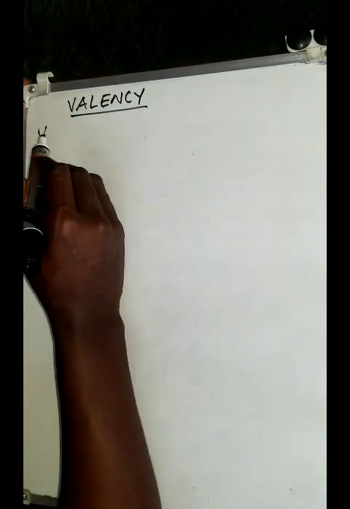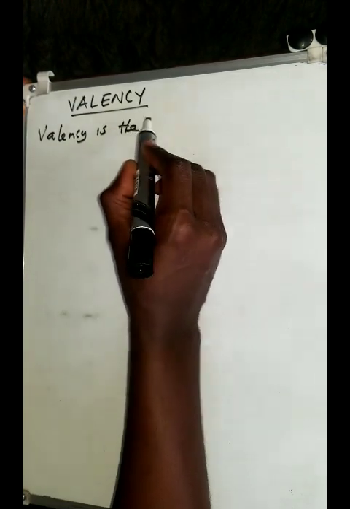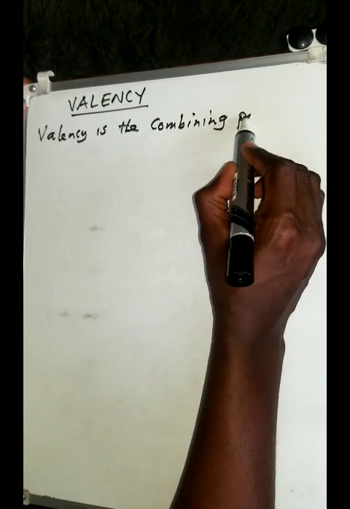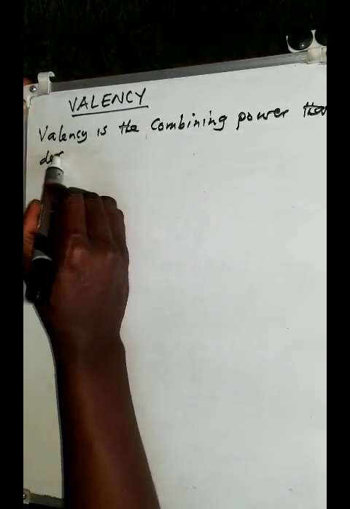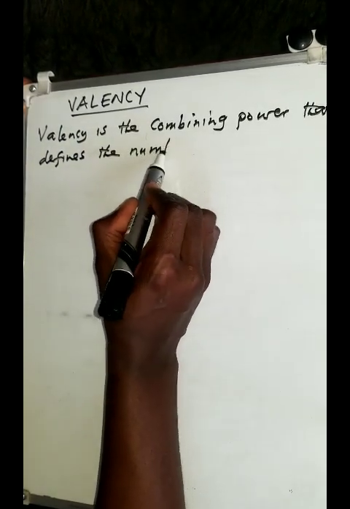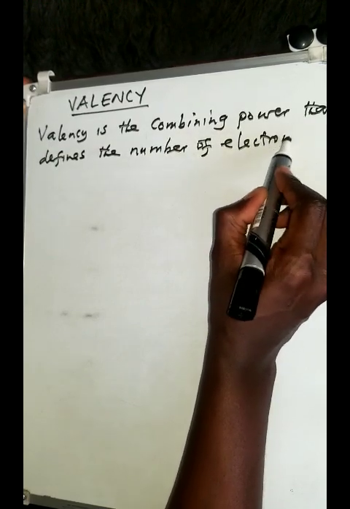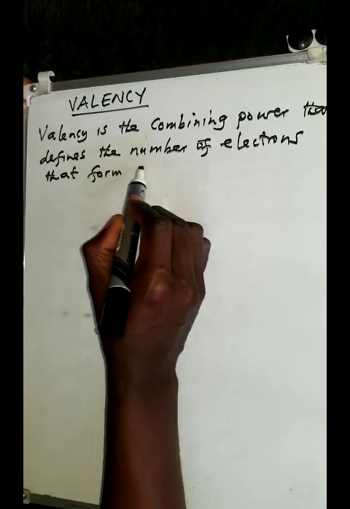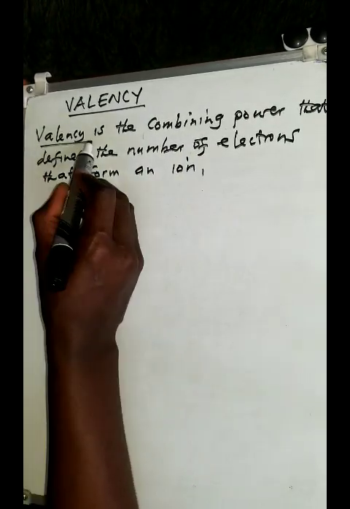So valency is the combining power that defines the number of electrons that form an ion. That is what we simply call the valency.